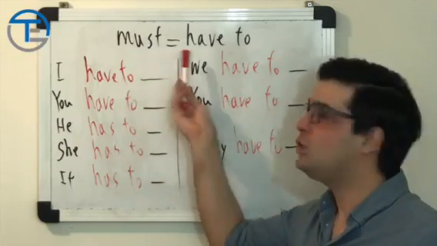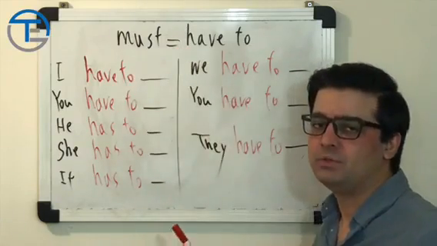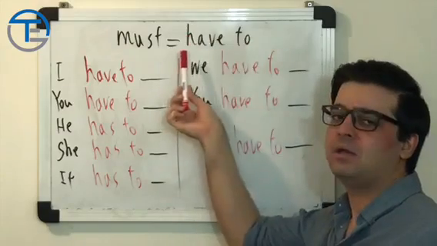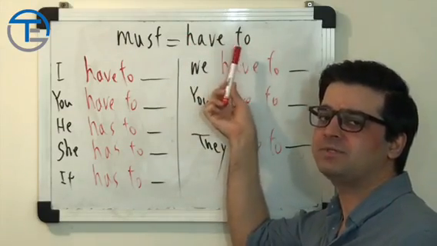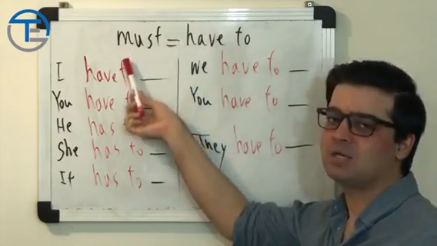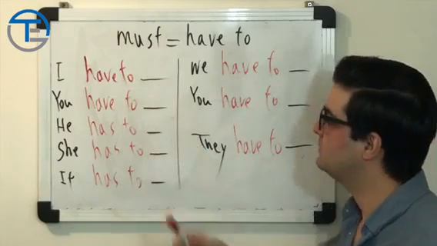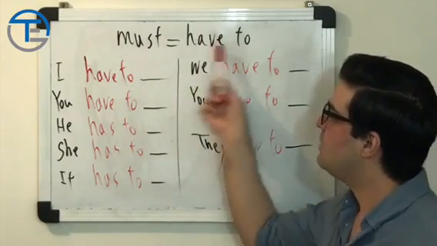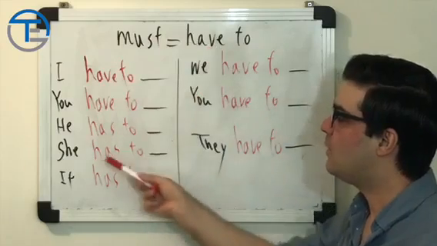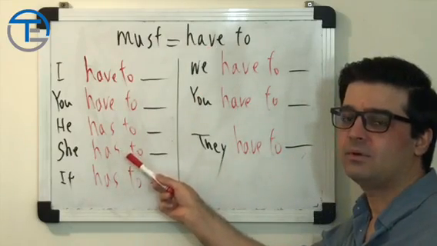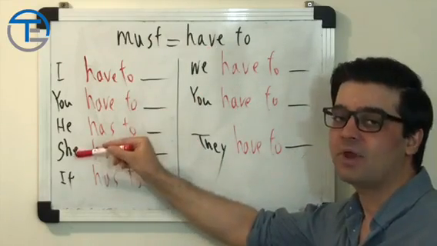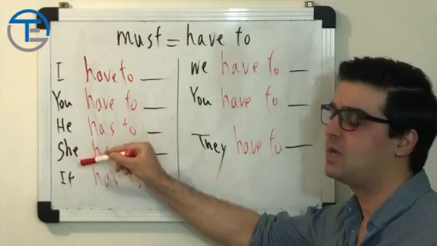Must equals have to. Okay? Have to is a good substitute with must. You can use have to or has to, depends on your subject pronoun and subject you use.